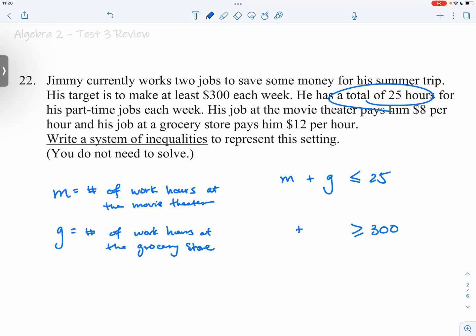The money from the movie theater would be $8 per hour, and it depends on how many hours he's working, so therefore 8M. And then we have $12 an hour at the grocery store, but that's just for 1 hour, so the total amount of money from the grocery store will be 12G.